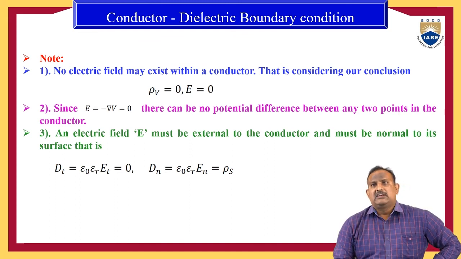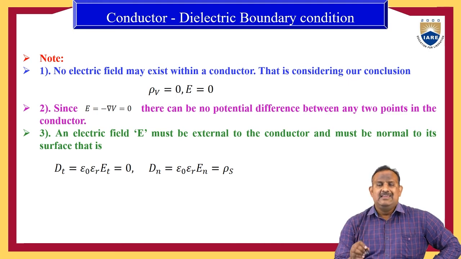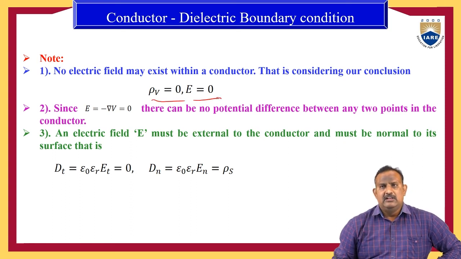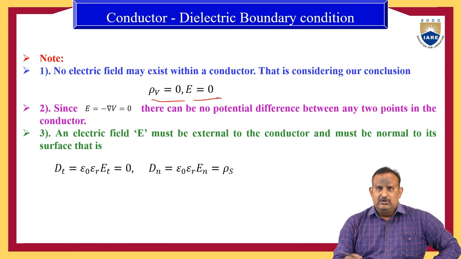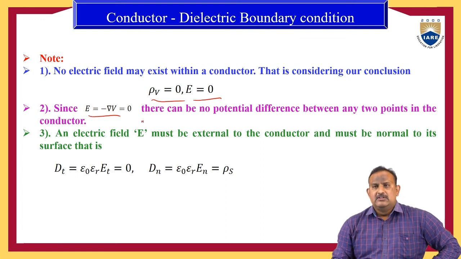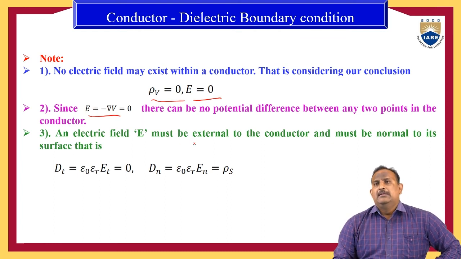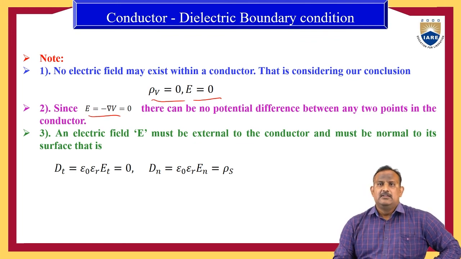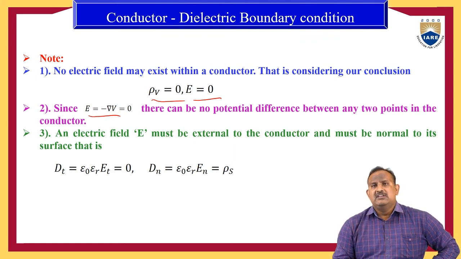No electric field may exist within a conductor. So the electric field is 0 within a conductor. Therefore, we can write the volume charge density rho v is equal to 0 and electric field E is equal to 0. And we know the relation between electric field and potential, E is equal to minus del V, which is equal to 0. Therefore, we can conclude that there can be no potential difference between any 2 points in the conductor, and we can call it an equipotential body.